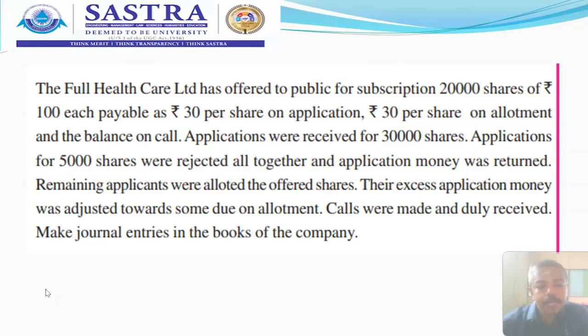So 30,000 applications were received at rupees 30 each. Now the journal entry would be bank account debited rupees 9 lakhs, that is 30,000 shares of rupees 30 each. So 9 lakh rupees have been received from application.